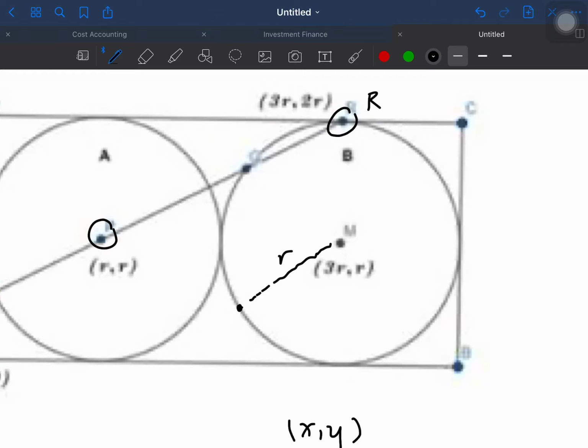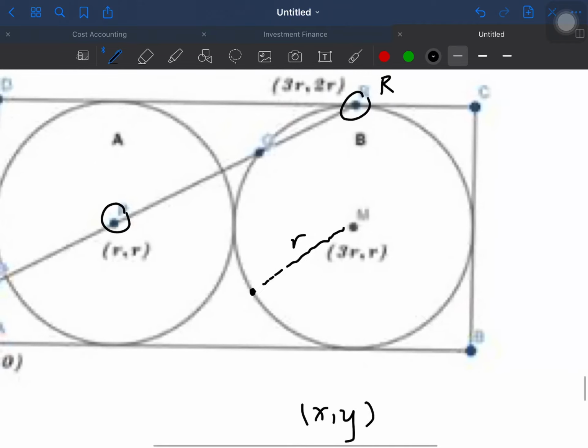Circle A has r, circle B has also r, and so we can derive the equation of locus by arbitrarily denoting any point on circle B.